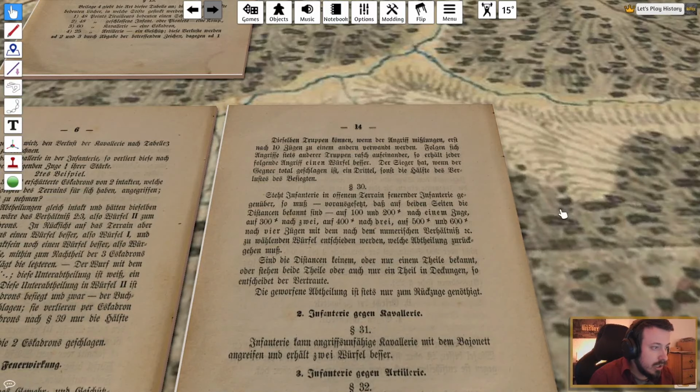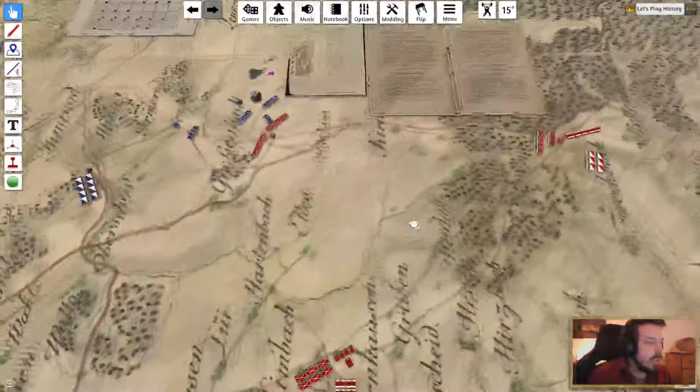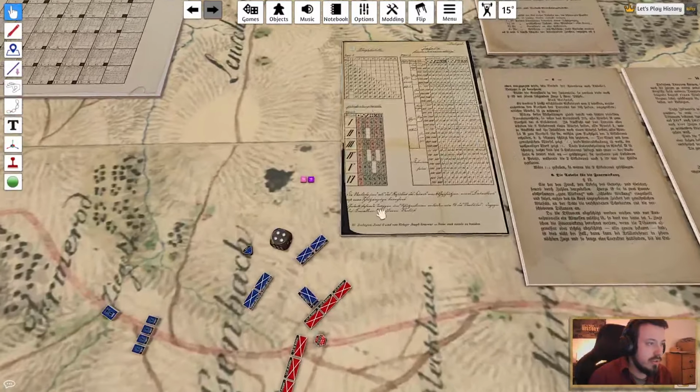No, only that if the assault column now manages to beat them, the beaten unit is completely beaten, no matter what morale result is rolled.